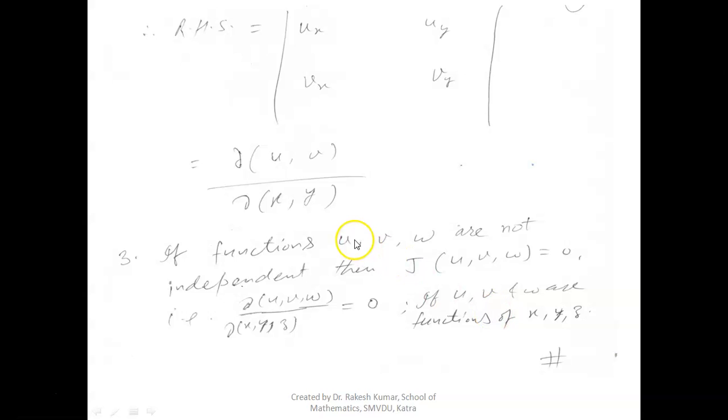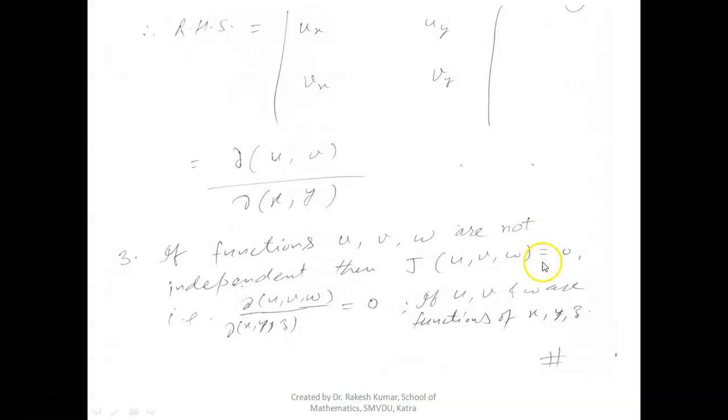That is, if u is a function of x, y, z, v is a function of x, y, z, and w is also a function of x, y, z, then their Jacobian with respect to x, y, z will be equal to 0. If these are independent, then it will not be equal to 0.